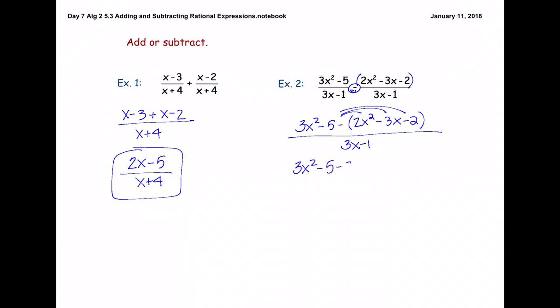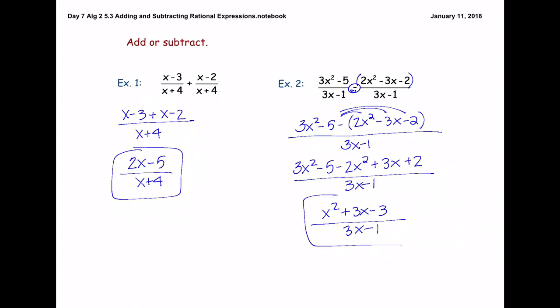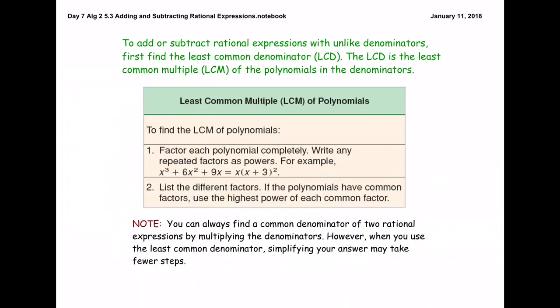So we get negative 2x squared plus 3x plus 2 over 3x minus 1, combine our like terms, and we get x squared plus 3x minus 3 all over 3x minus 1. X squared plus 3x minus 3 is not factorable, so we are finished.